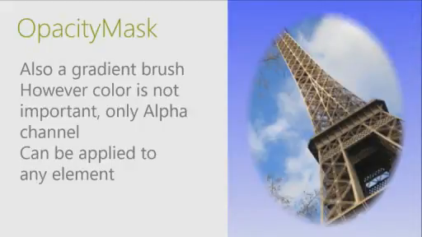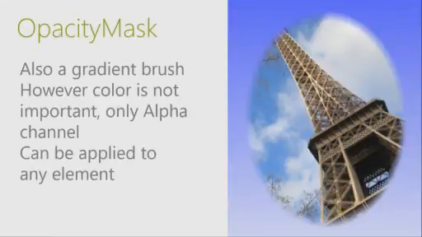And here I apply a radial gradient brush, and we see that at some point it's not actually a clip, it's really the opacity of the element which changes, but you see that it changes to 0, and that allows you to do some cool stuff as well. Opacity mask, as I said, is a gradient brush, but only the alpha channel is considered, not the rest.